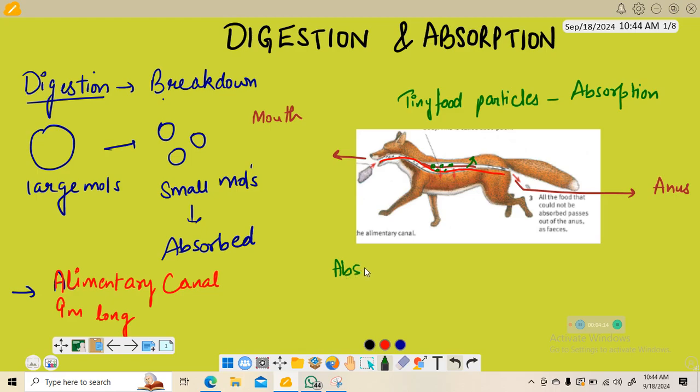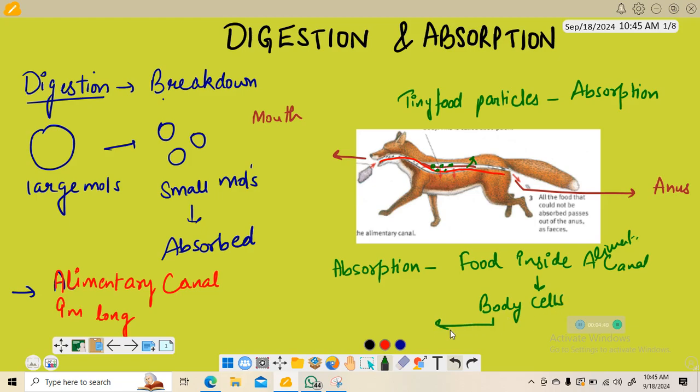So for absorption, it's necessary that food particles get out of the tube so that they can enter the bloodstream.